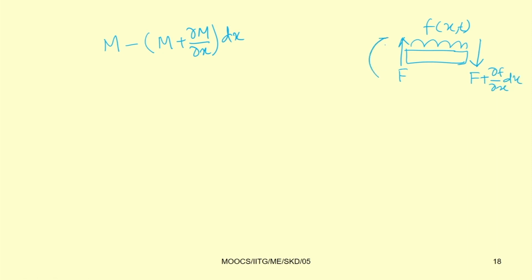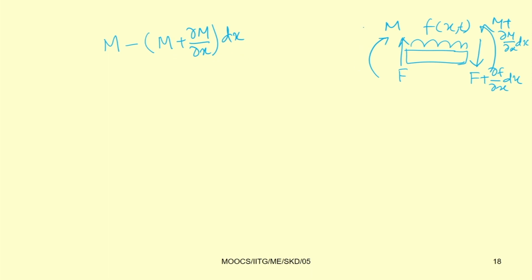We have taken this as M and this as M plus del M by del x into dx. Now taking moment about this line, which will be our y axis, M minus M plus del M by del x into dx, that is the moment.